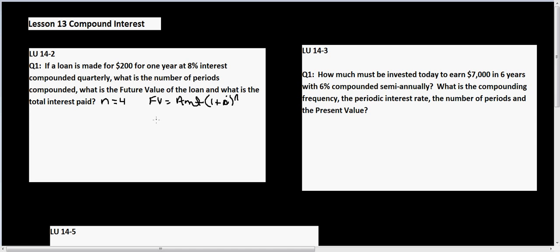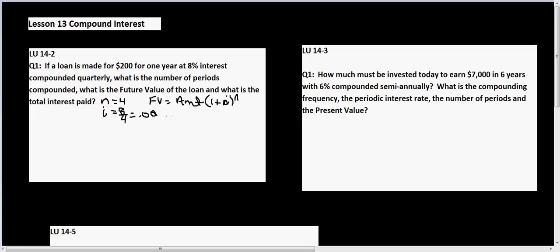What is I? I has to be broken down to the interest per period. So if it's 8% for every year, and there are 4 pay periods, it compounds quarterly. That means your interest is 8/4, right? Which is equal to 0.02.